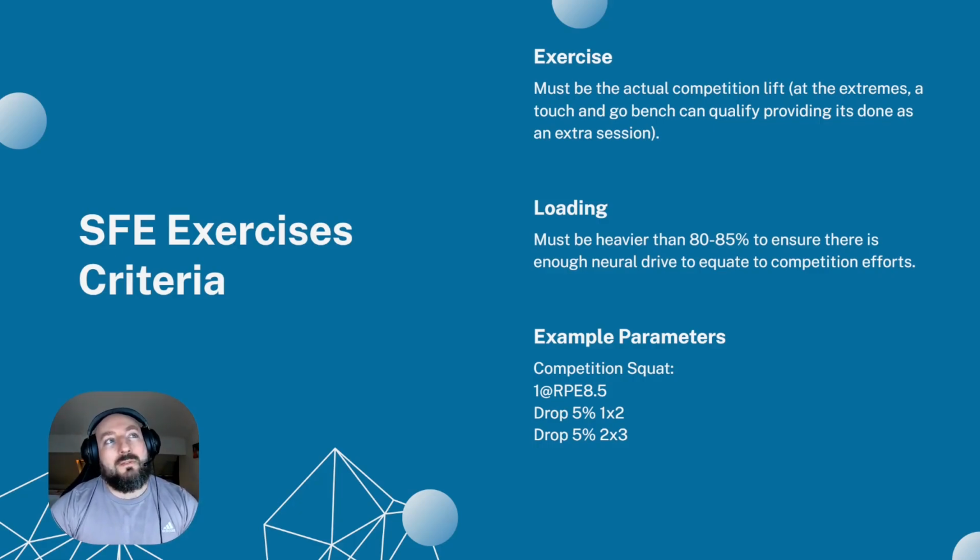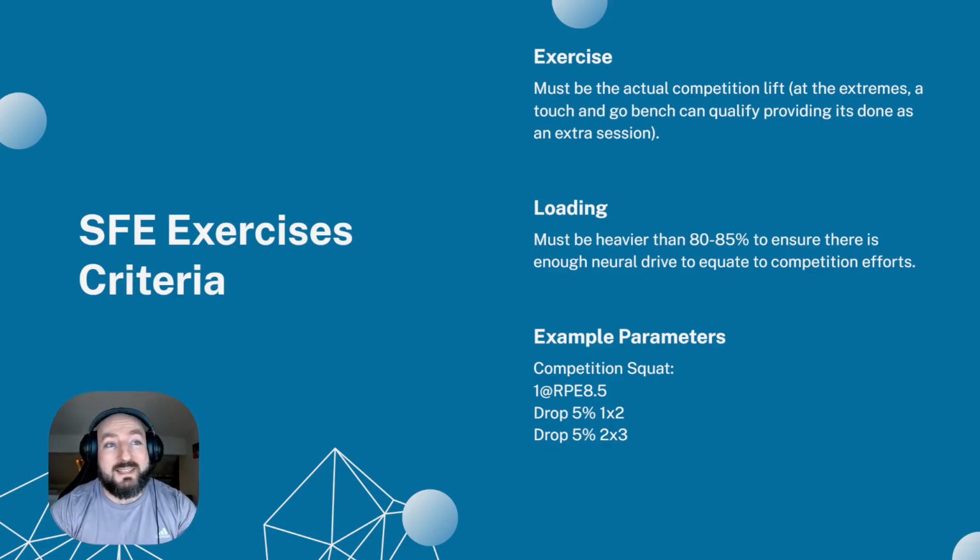For it to be relevant for sport form exercise, it has to be done at higher than 80-85%. That's around where we recruit all of our motor units. If you are lifting 80-85% with maximal intent, you're probably recruiting as much fiber and contractile tissue as you would if you were doing a 1 rep max.